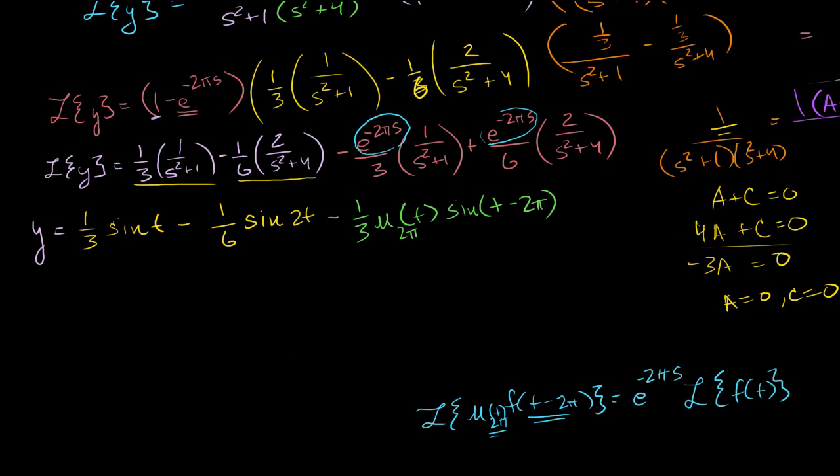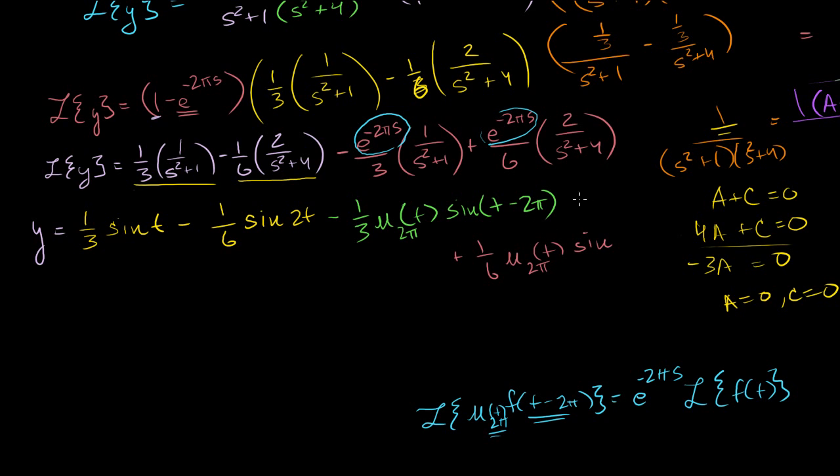And then we're almost done. I'll do it in magenta to celebrate it. Plus this very last term, which is 1/6 times the unit step function that steps up at 2 pi, of t, times sine of, and we have to be careful here.